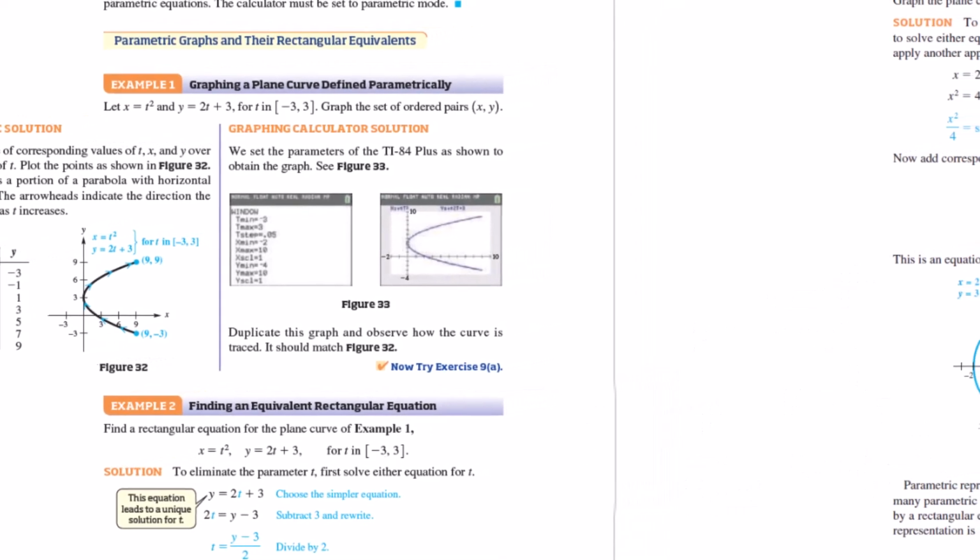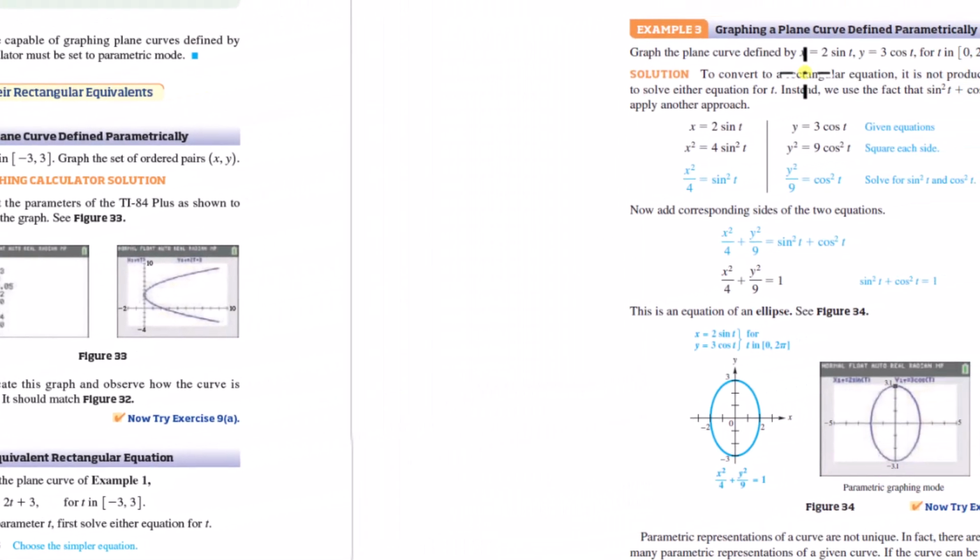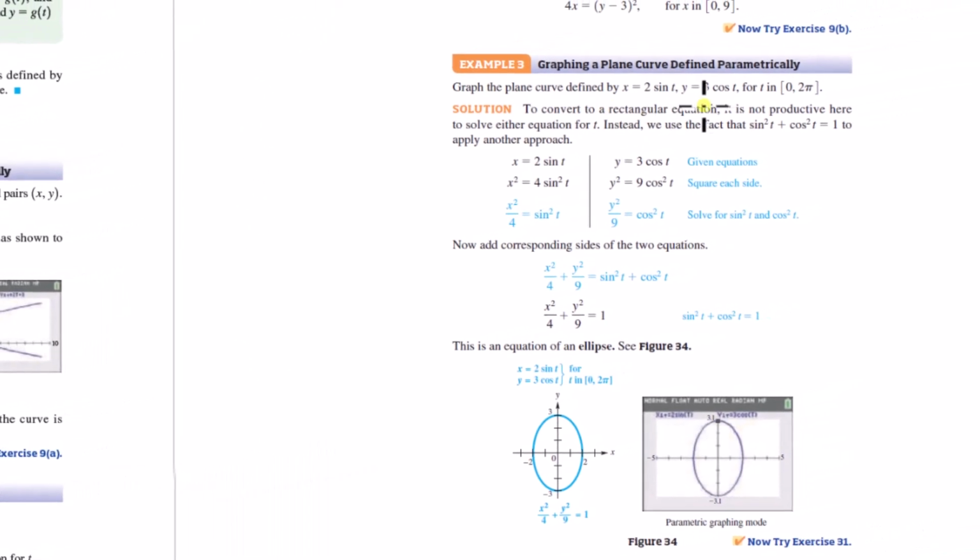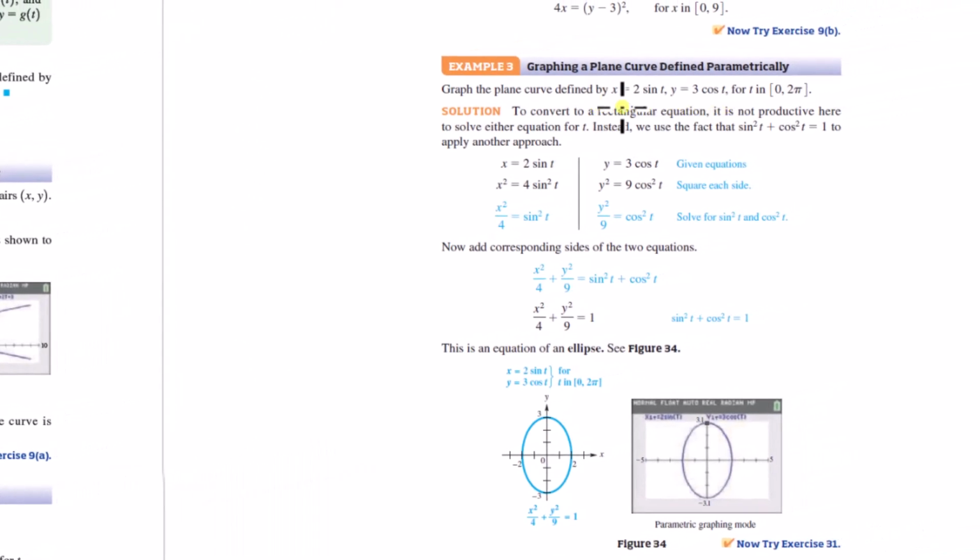Okay. So now this next example, it says to graph this set of parametric equations. We could plot points, but I guess it would be easier to go ahead and convert this to the corresponding form where the two output variables are related, so y is a function of x. But this isn't so simple, because how are we going to solve for t?